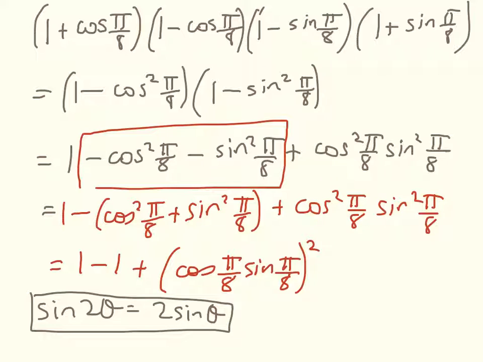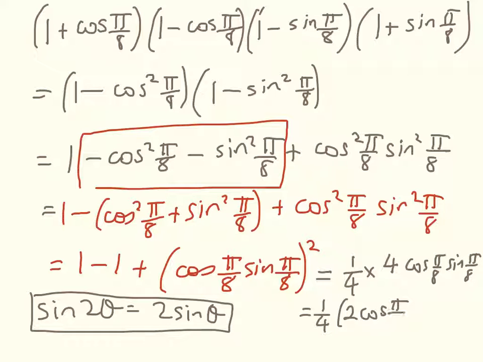So I can think about doing a trick here where this is now equal to 1/4 of 4 cos pi on 8 sine pi on 8, which is equal to 1/4 of 2 cos pi on 8 sine pi on 8 squared.